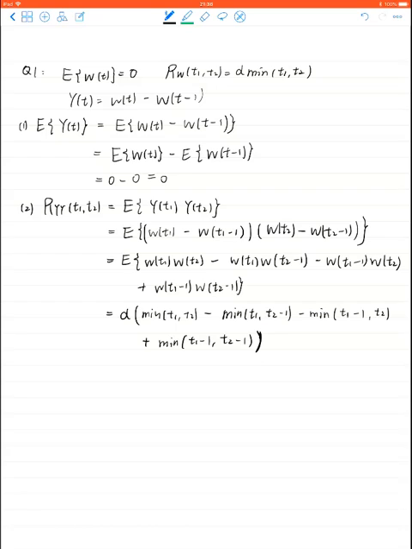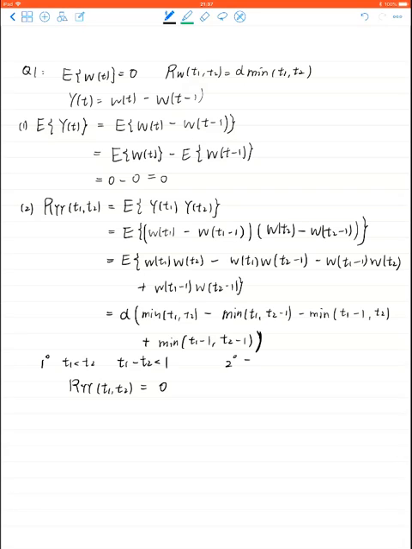And now we should find the value of this given some conditions. Condition 1 is that the absolute value of t1 minus t2 is less than 1. In this case, the autocorrelation function R(t1, t2) simply equals 0.